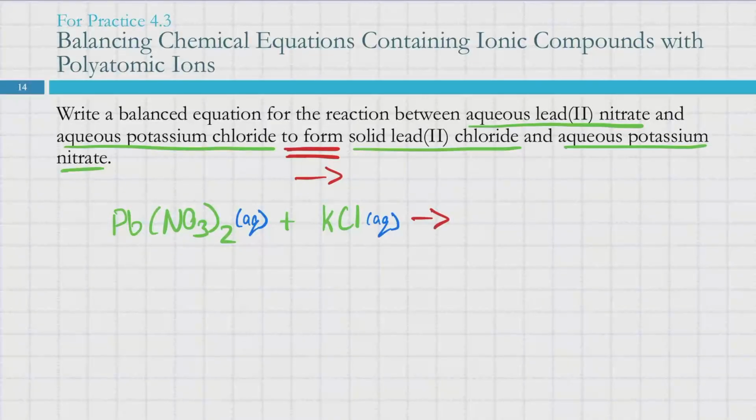Then we've got our reaction arrow, and our product is going to be lead 2 chloride, so PbCl2. This one's a solid. And the other thing on our product side is potassium nitrate, KNO3.